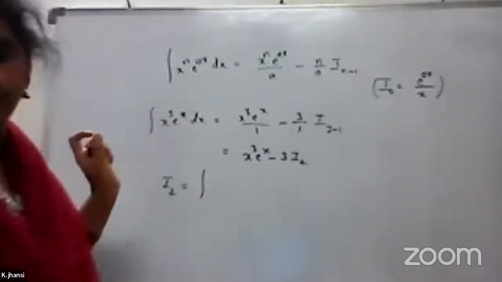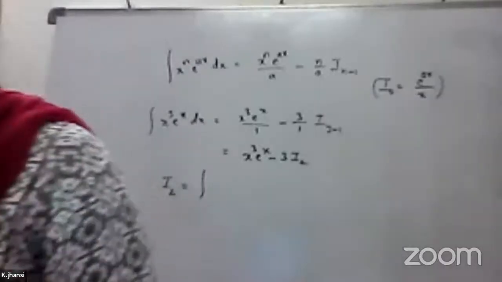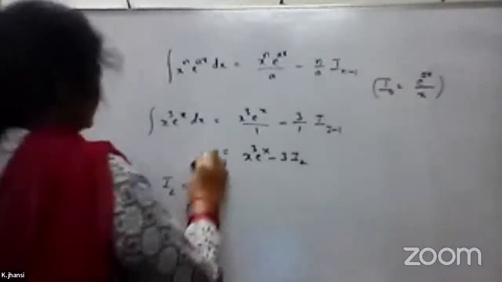integration of, so here I2 means it is the x square e to the power of x.